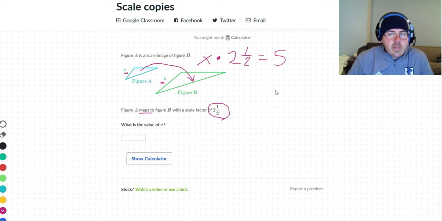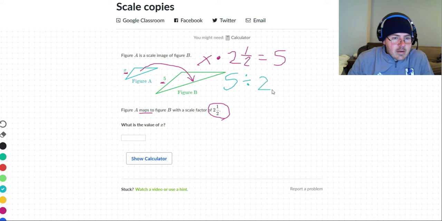Okay, well, the other way to say that would be that 5 divided by 2.5 is going to equal x. Yeah, that's the fact family. 5 divided by 2.5 is going to be equal to x.